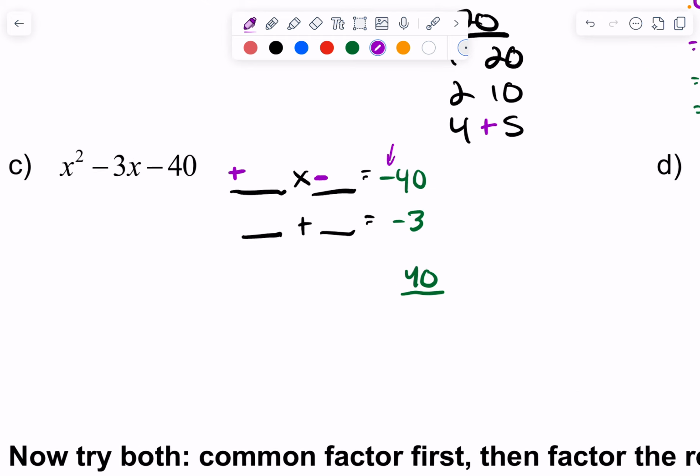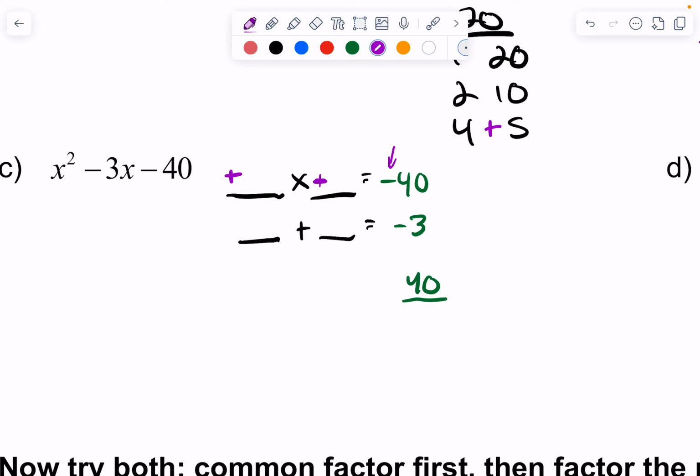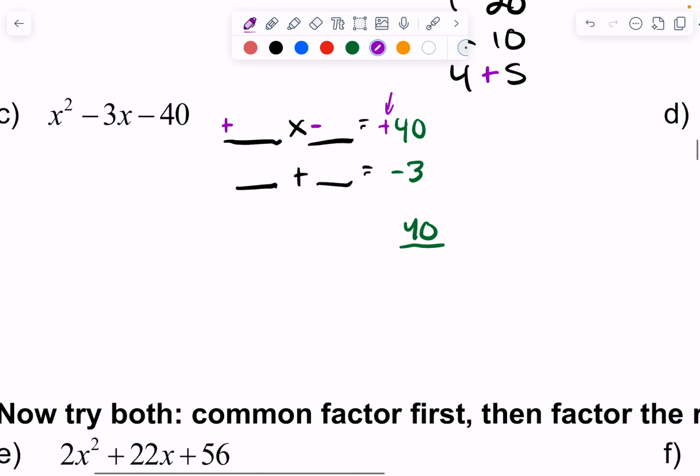Because if this number right here was positive, for example, this would result in a positive number. If both numbers were negative, once again, that would result in a positive. So the only combination is one of the numbers has to be positive and one of them has to be negative. So that same positive would have to go here, and that same negative will have to go here.